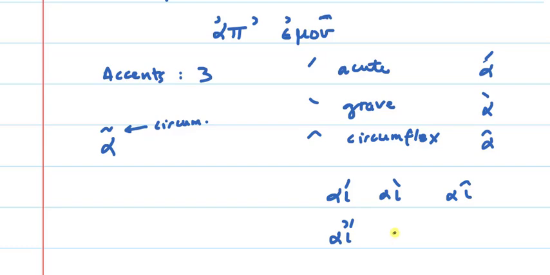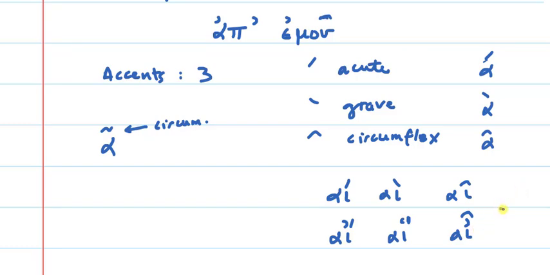Grave, it's going to look like that. Okay? And then circumflex is slightly different. The smooth breathing will go over the iota, and then the circumflex will go over the top of the breathing mark. Okay? This is true whether it's smooth or rough. Smooth or rough breathing will go below, circumflex goes over it.